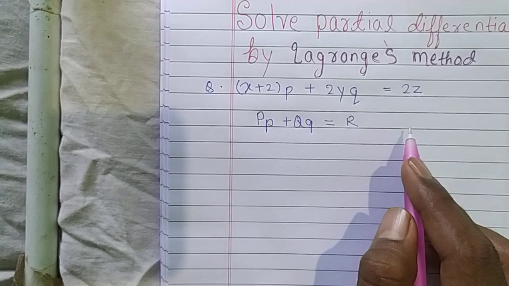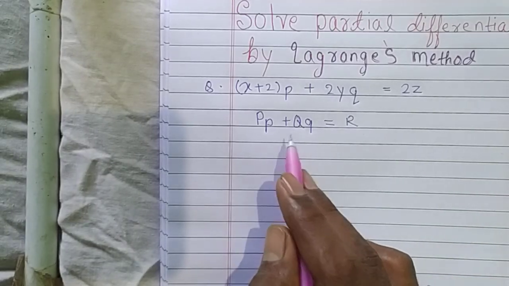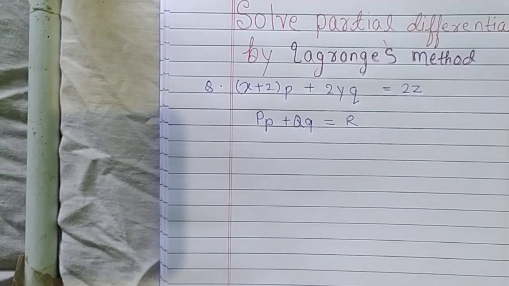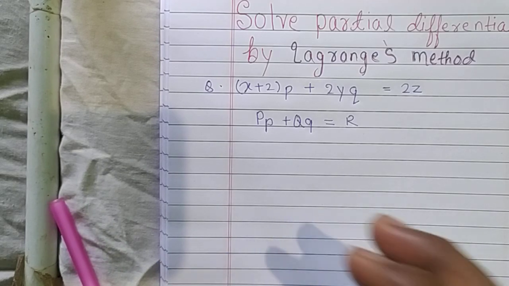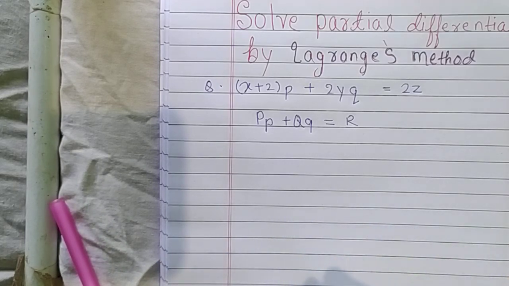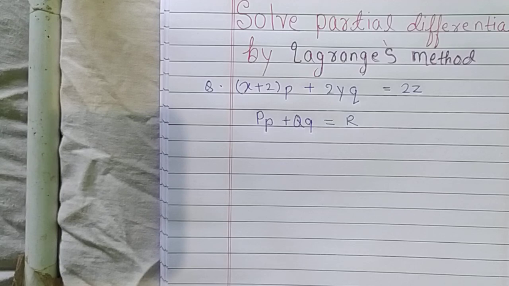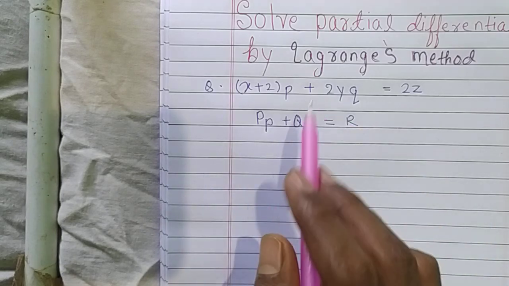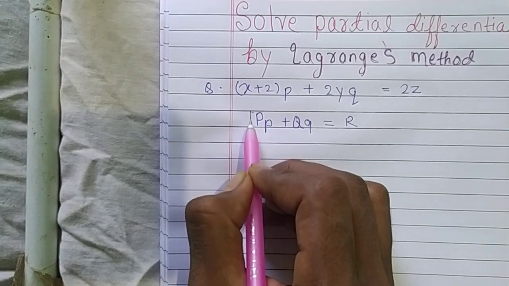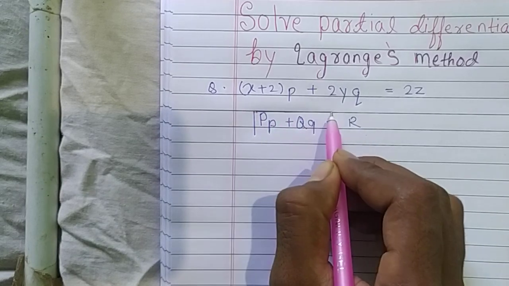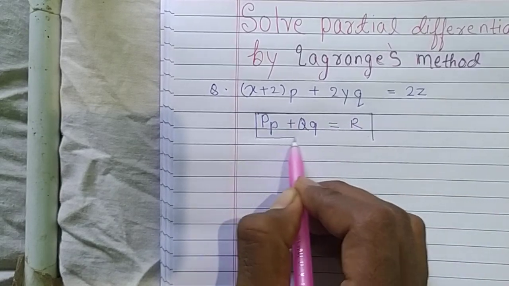If your equation is not in this form, then you have to try to convert it into this form. You have to do some change and convert your expression into this form. I hope you understand very well.